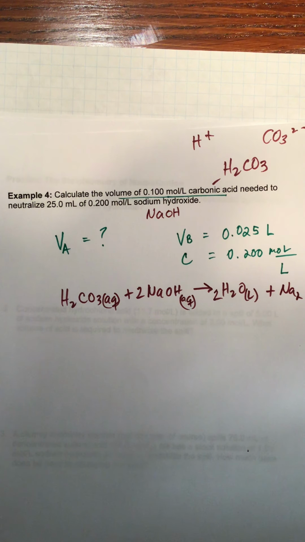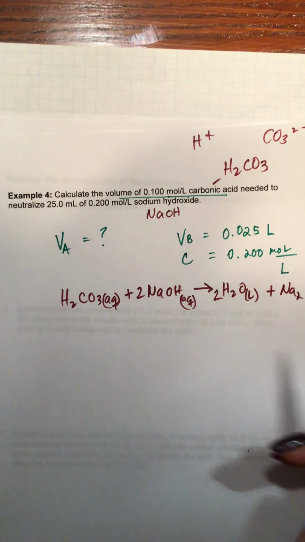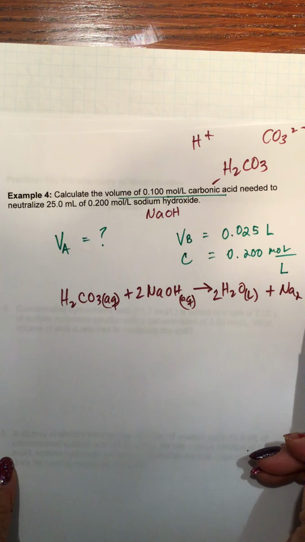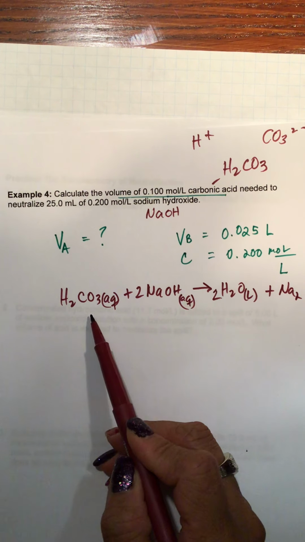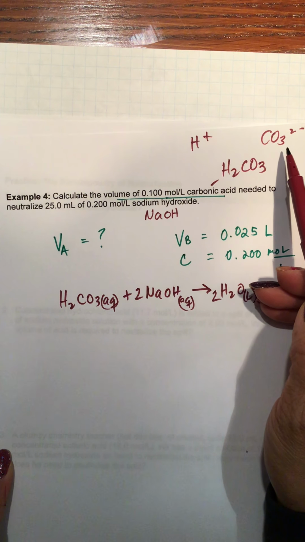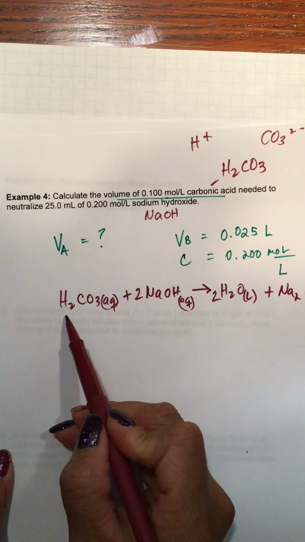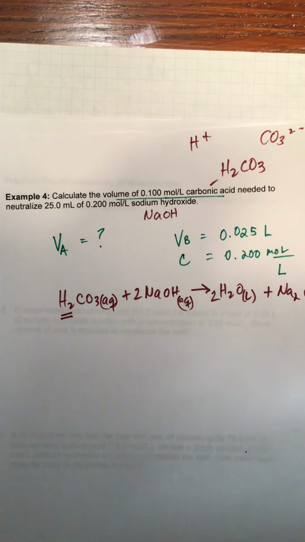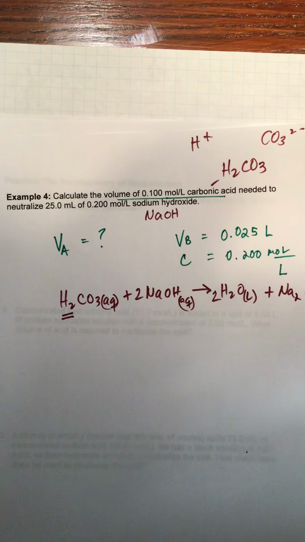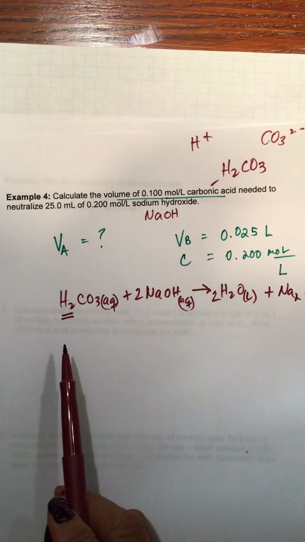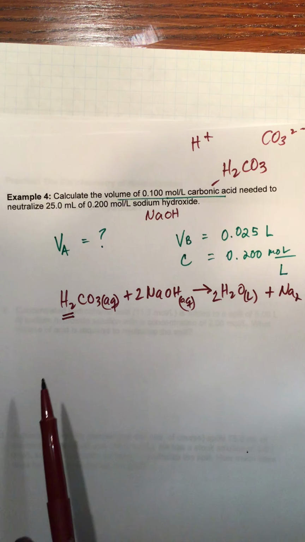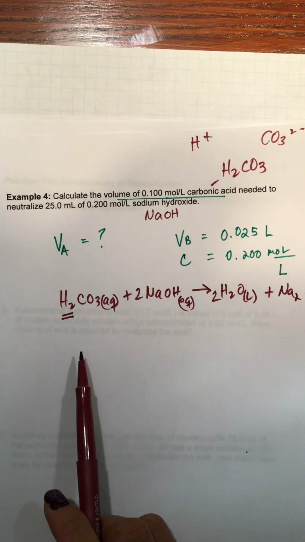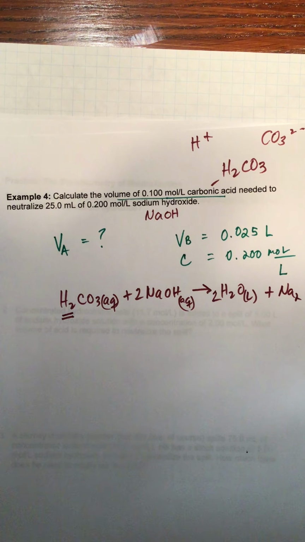Because we're looking for the concentration of the hydride, you'll see the ratio here is that 2 hydride will be the result of the carbonic acid when it dissociates in water. So this is a diprotic acid, and we'll have to look at the stoichiometry.